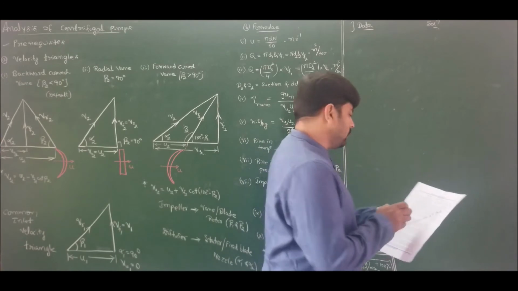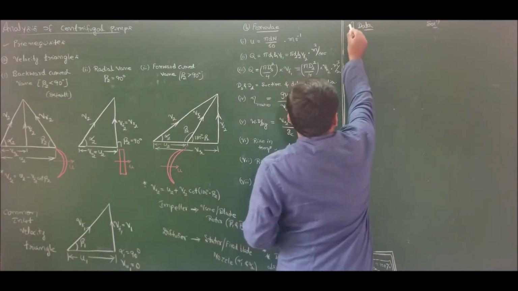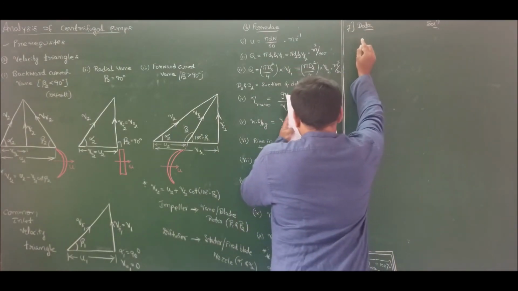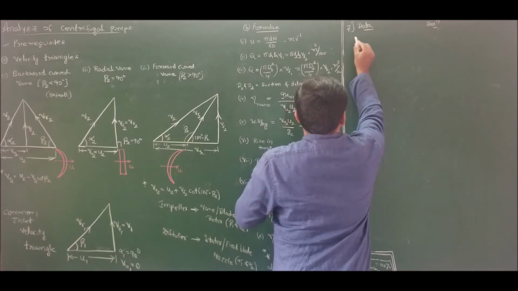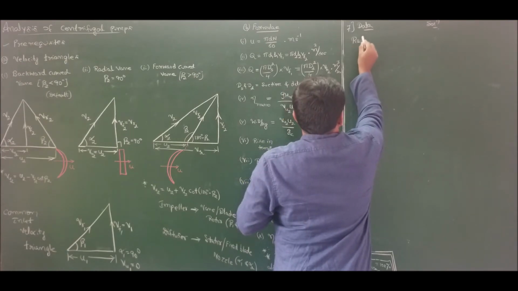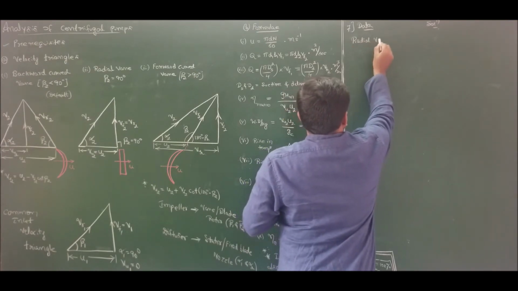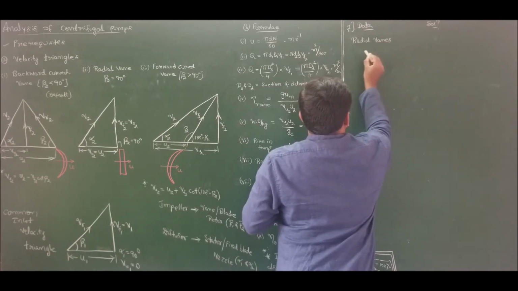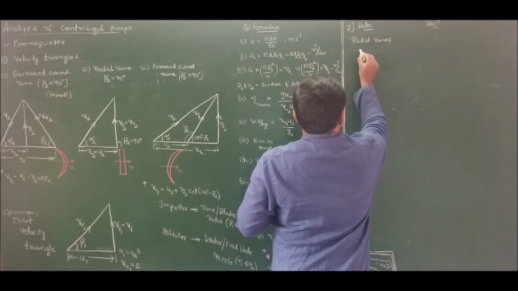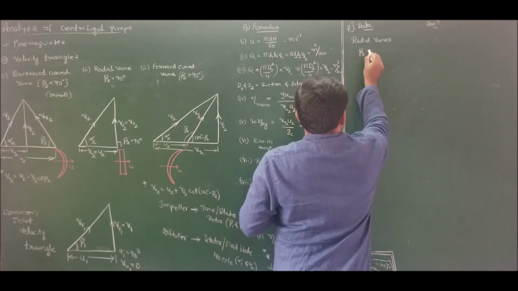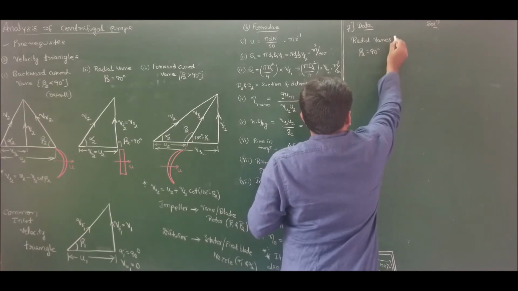Let me list out the data given for problem number 7. We have a centrifugal pump impeller with radial vanes. Since it is radial vanes, I should use the radial vane velocity triangle, that is beta 2 is 90 degrees.